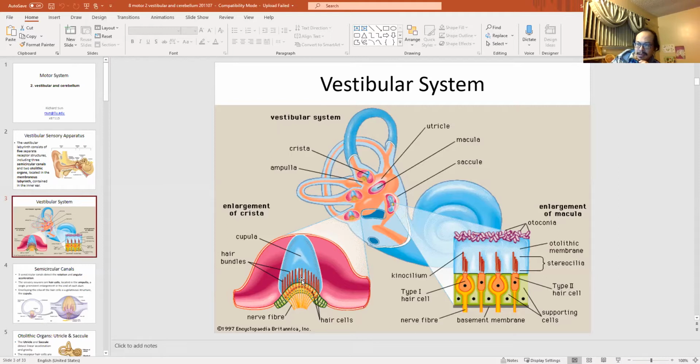By bending the cilia, it will trigger a depolarization or hyperpolarization, depending on the direction of that movement, and that will be transduced to release neurotransmitter, which acts on the ganglion cell, the vestibular ganglion cell, and then transduces the signal into the brain. Here are another two chambers, the saccule and the utricle.